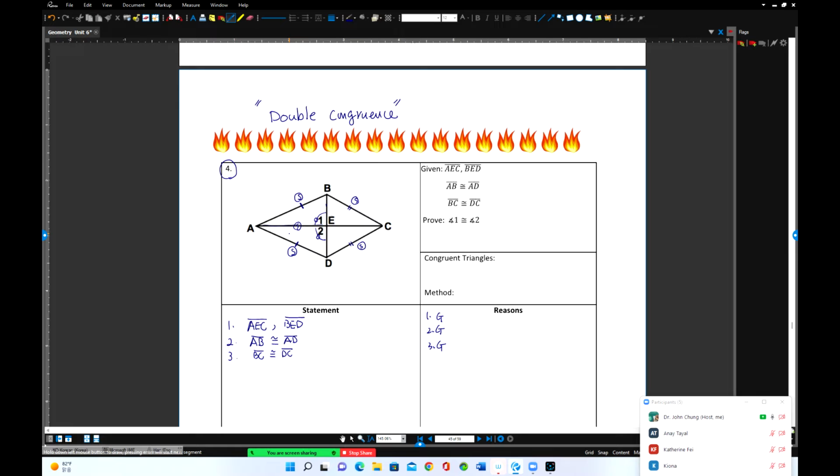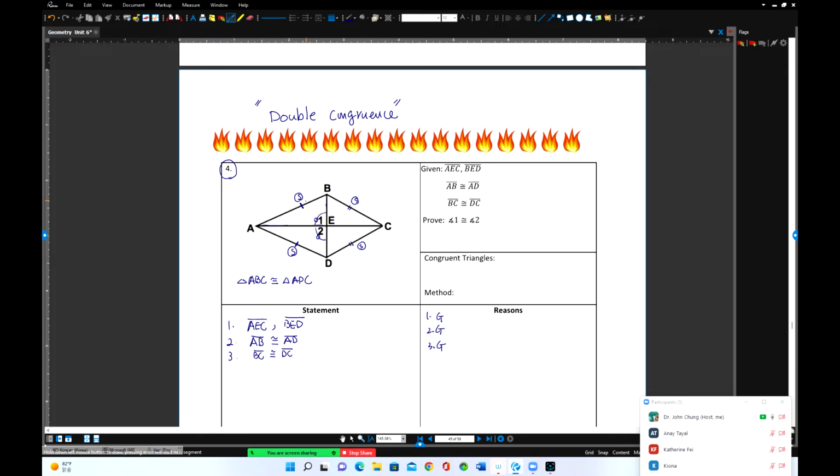We need one more factor, but it's not given in the figure. So we have to go the other way, using the big triangle ABC and triangle ADC. We're going to prove these two triangles first. From here we get the one more factor.